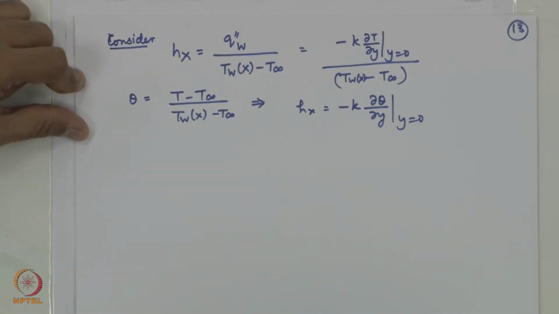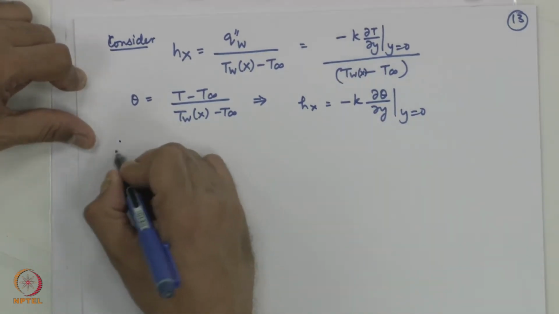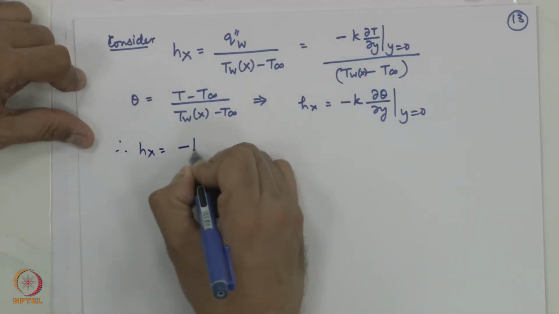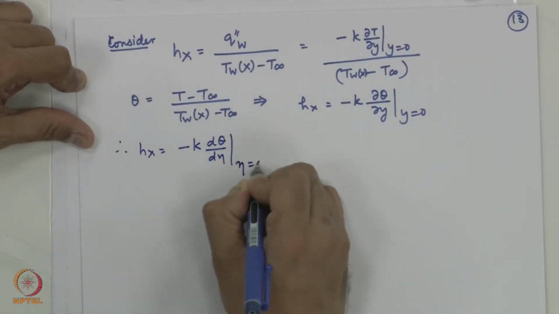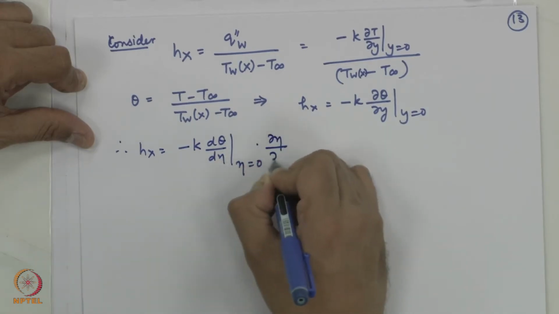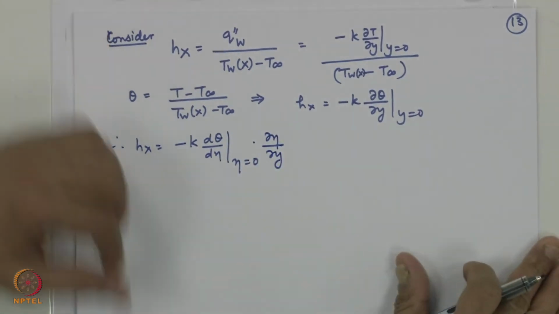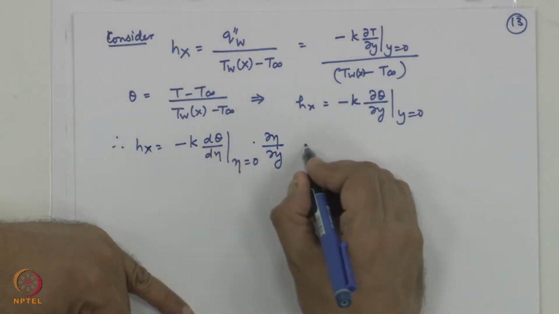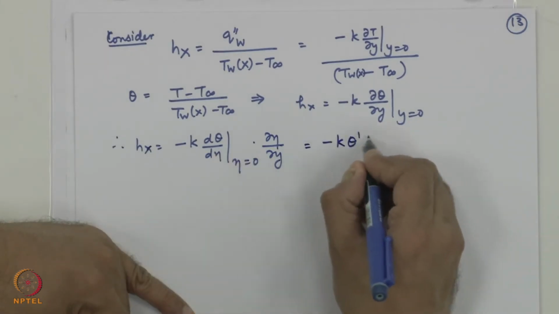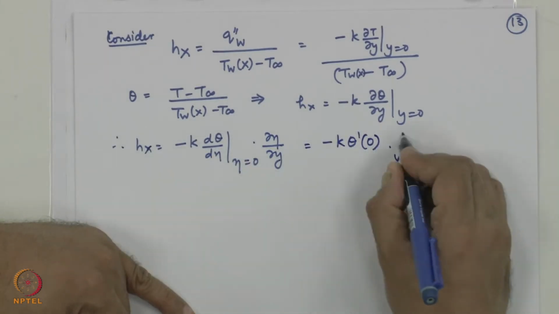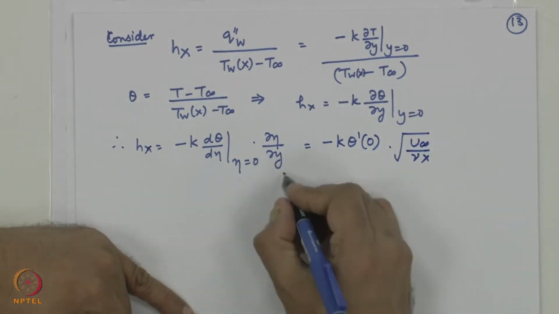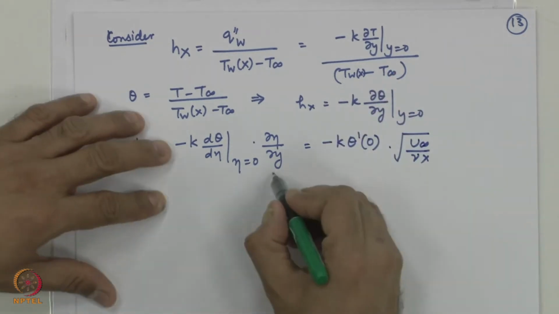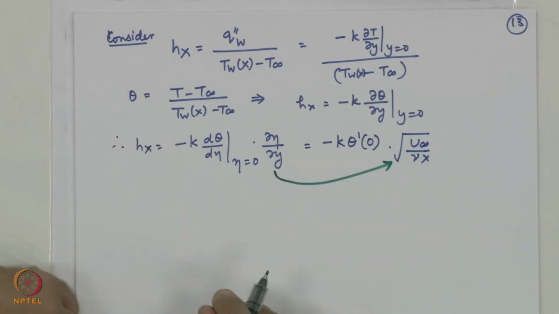Once I get this, I will write hx is equal to minus k d theta by d eta at eta equal to 0 times d eta by dy, which is equal to minus k theta prime of 0 under root u infinity by nu x. From the earlier definition, this was my definition of d eta by dy.